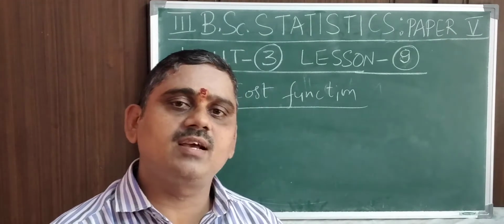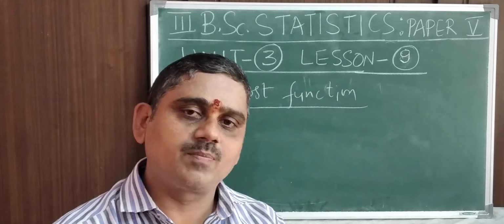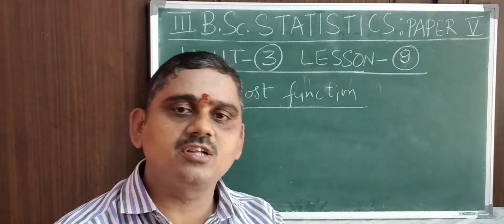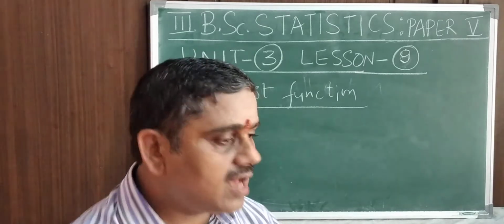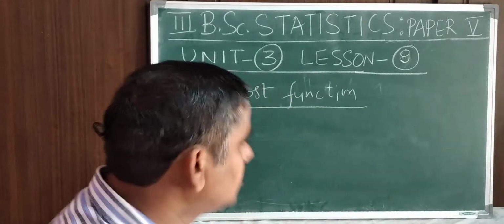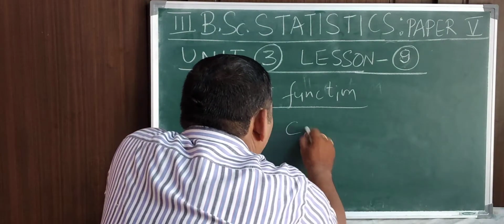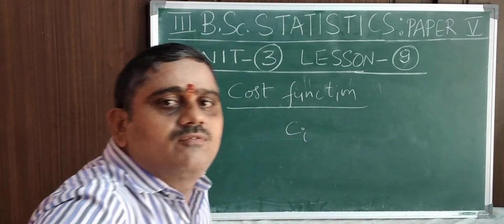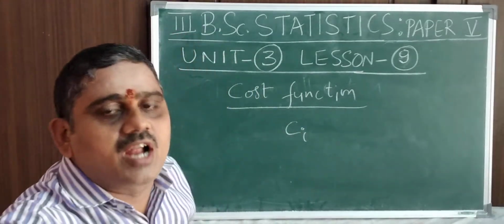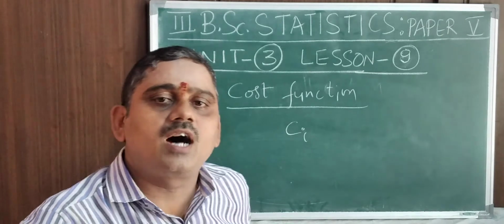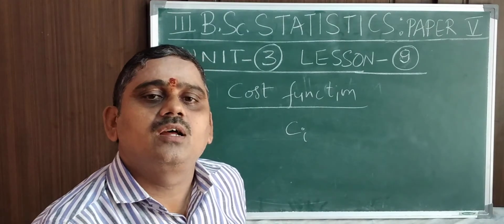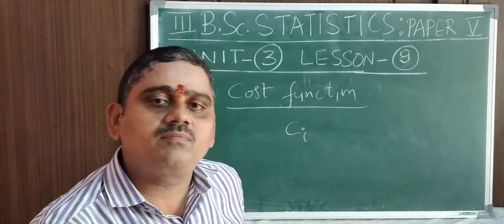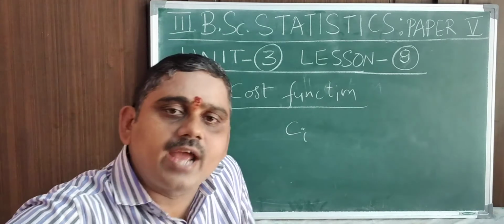That is the reason why we consider it separately. For example, Ci is the cost per unit of collecting the data from the ith stratum.